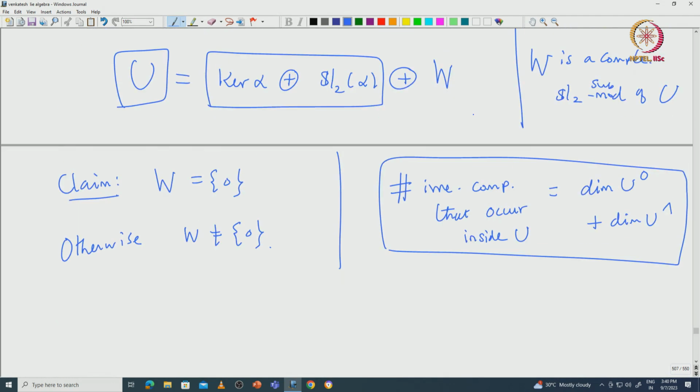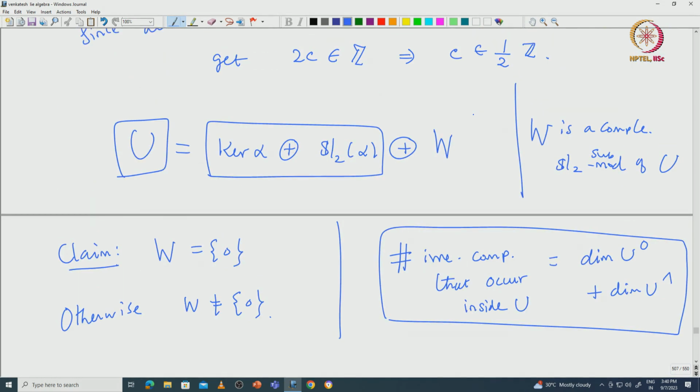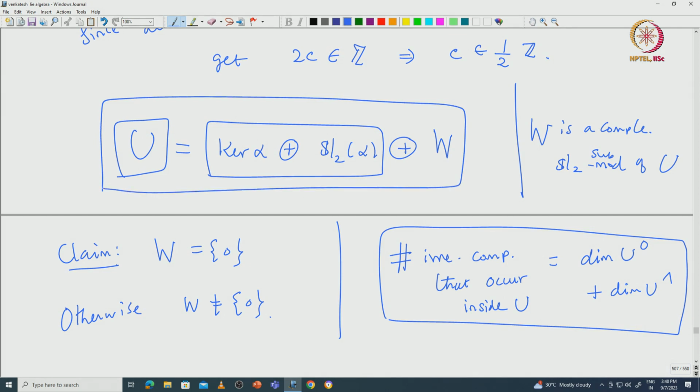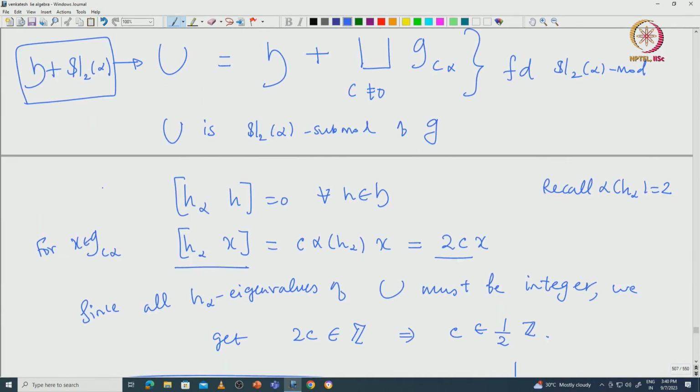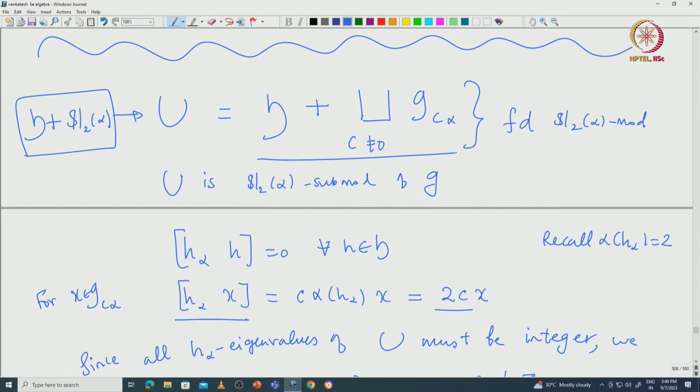Note that this capital U is nothing but H direct sum G C alpha, C non-zero.